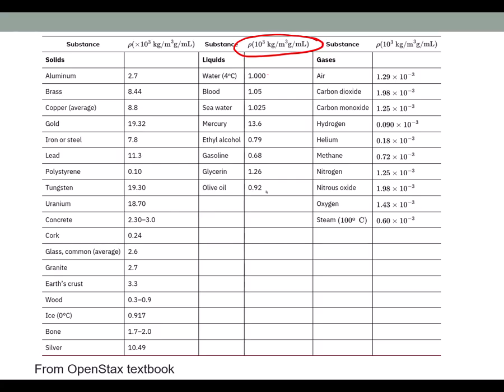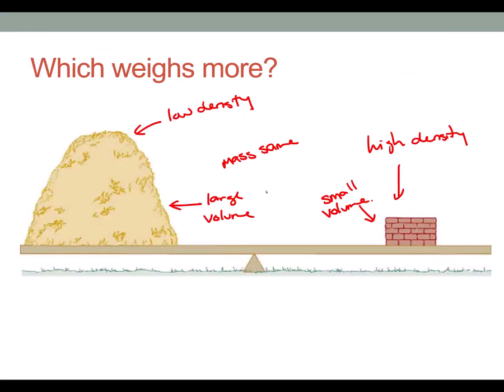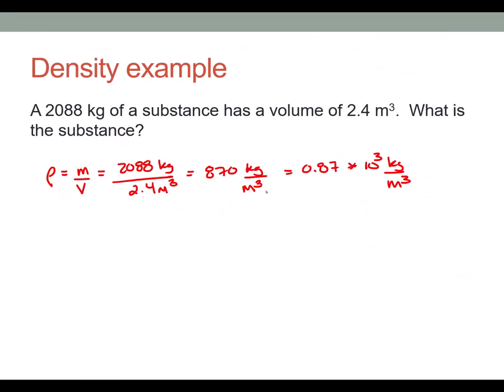Okay, here's the problem. This substance isn't found in that table. You have to look at the table in chapter 12 of HEC text to find out that this is turpentine. Turpentine, by definition, has a density of 0.87 times 10 to the third kilogram per meter cubed.